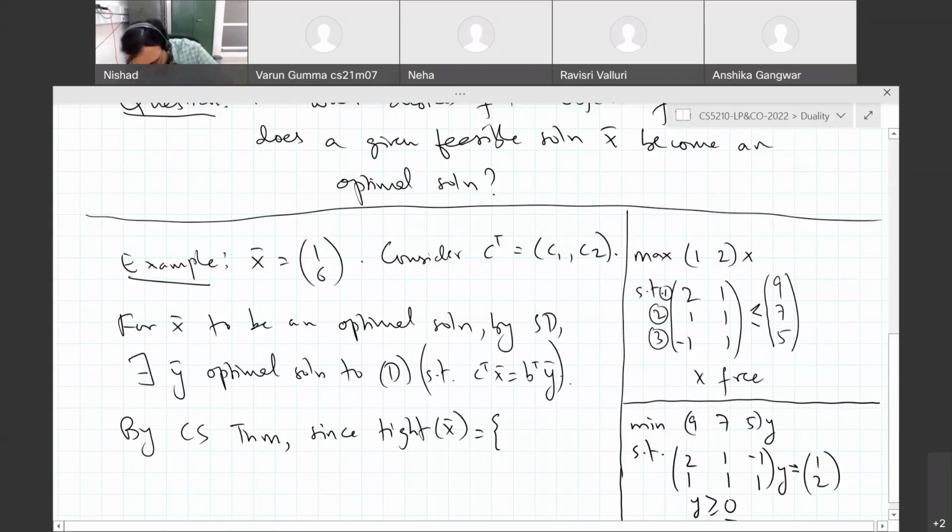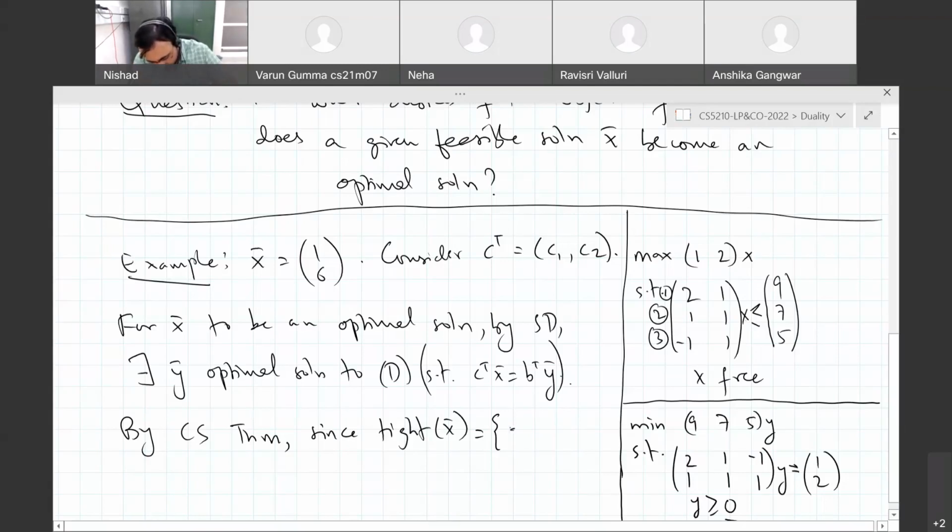Oh, sorry, I forgot to put an x here. Right, so the first one is 2 times 1 plus 1 times 6, which is equal to 8, which is less than 9. So that's not tight. However, notice that the second and the third constraints are both tight.